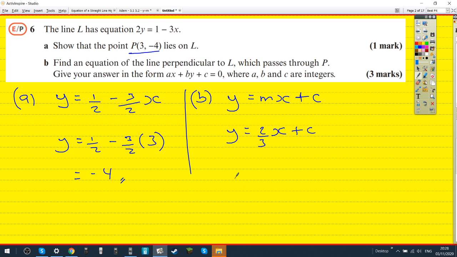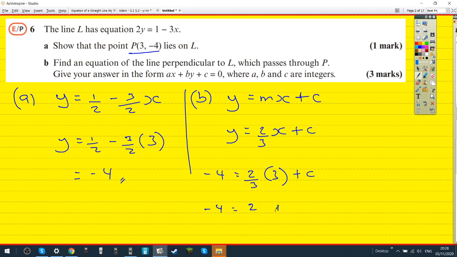And then you substitute x and y in. Yep, the coordinates. So it'd be minus 4 equals 2 over 3, open brackets, 3 plus c. And they worked it out. So it'd be minus 4 equals 2 plus c.